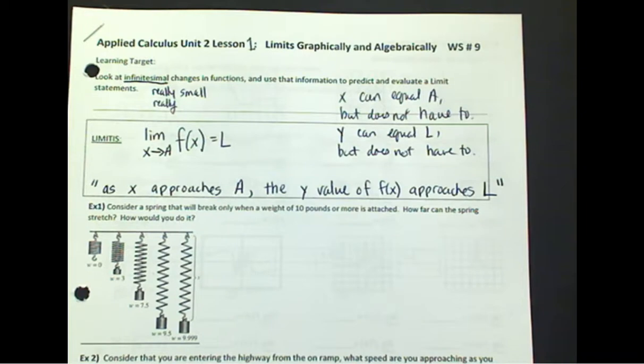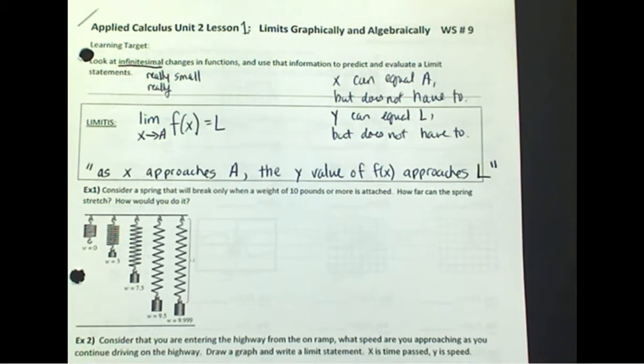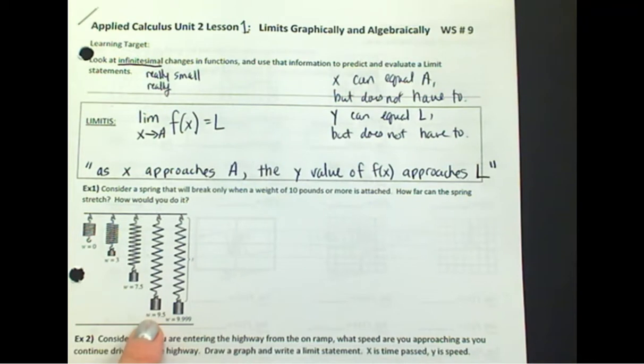Okay, so we're going to start with real context and then we'll get into some of the algebra. Consider a spring that will break only when a weight of 10 pounds or more is attached. How far can the spring stretch? Okay, so weight of 0, weight of 3, weight of 7.5, weight of 9.5, weight of 9.999.